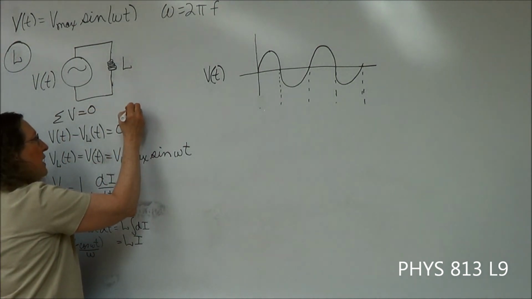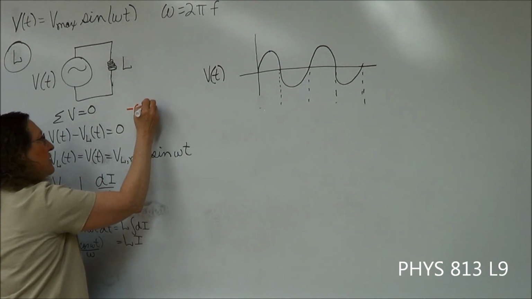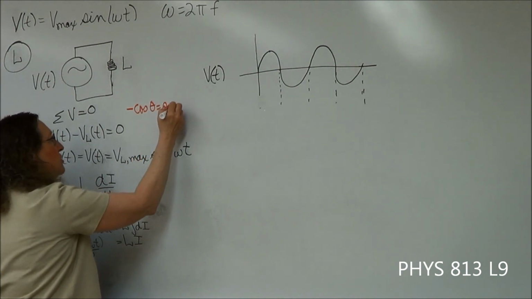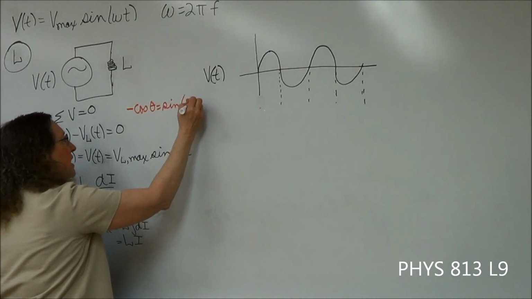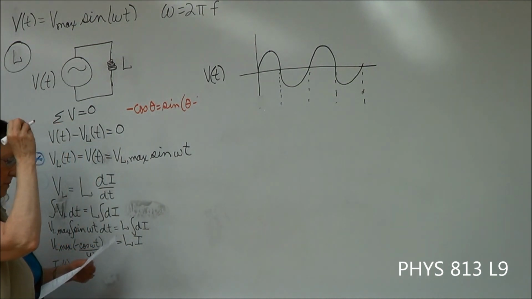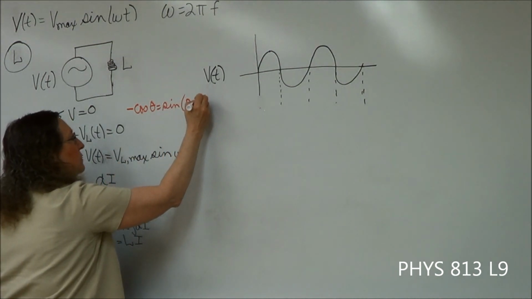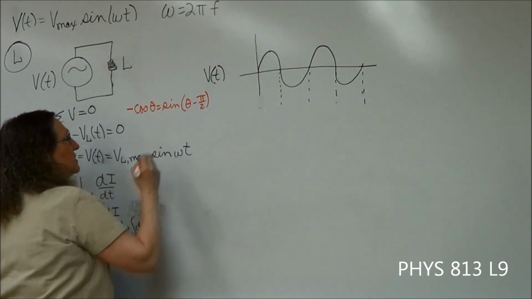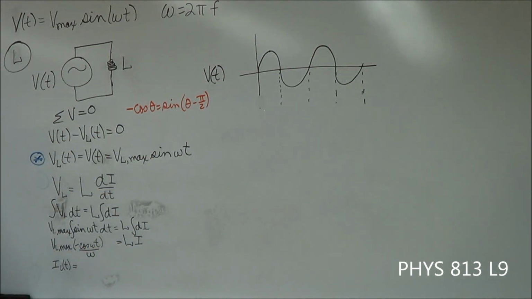So we have minus cosine of theta is equal to sine of theta minus pi over 2, so minus 90 degrees. So that's why I left the minus sign here with the cosine.